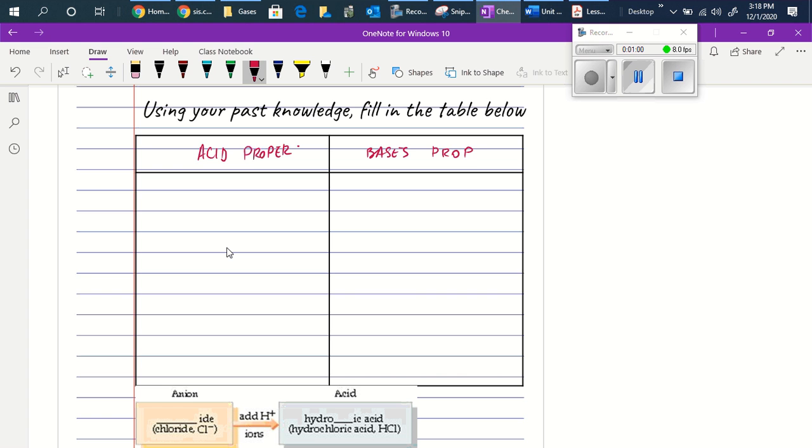Based on what we know from previous chemistry classes, acids have a sour taste, and they have a pH that is less than 7. They turn litmus red into blue.